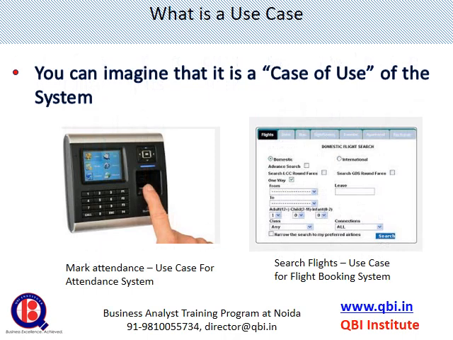In other words, you can imagine that a use case is a case of use of the system. So mark attendance is one case of use for the attendance system. Search flights is one of the many cases of use for a flight booking system.